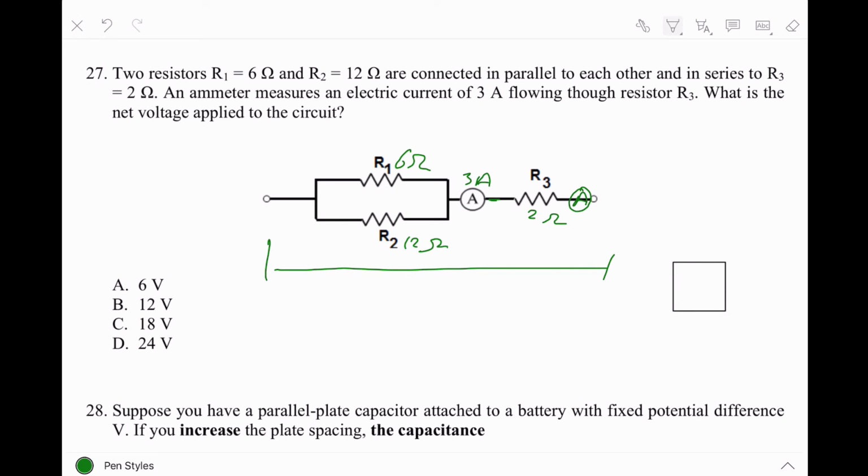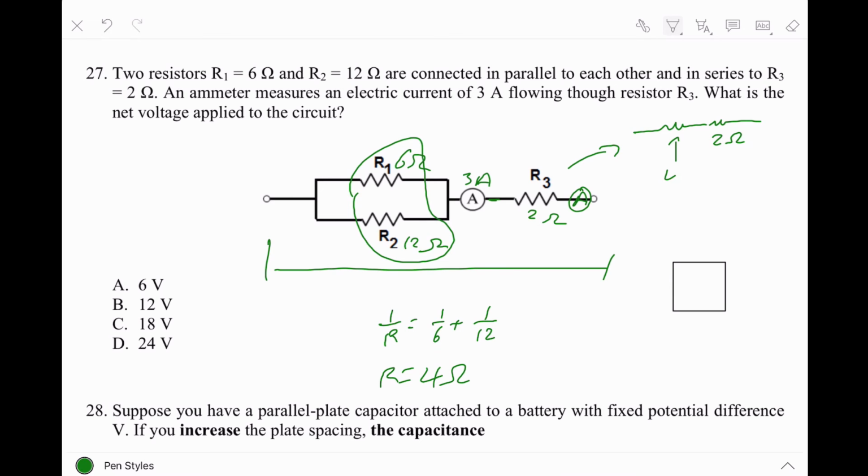So you first will find the equivalent resistance. So you got 6 and 12 here. So if we write this one here, this is 2 ohm. What is this one? This is easy. 1 over R, 1 over 6 plus 1 over 12. So 6 plus inverse 12 and then inverse, 4.